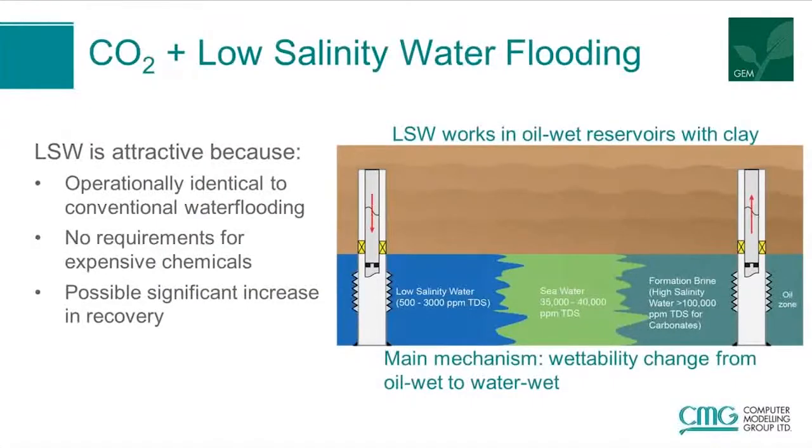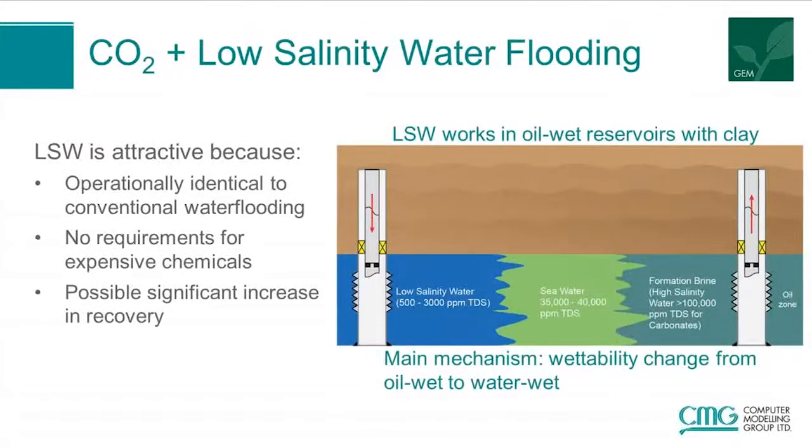The low salinity water injection is a process in which the salinity of the injected fluid is adjusted in order to achieve higher recovery from the reservoir. This process is attractive because it's operationally identical to conventional water flooding. There is no requirement for expensive chemicals, and there is a possible increment in the oil recovery.